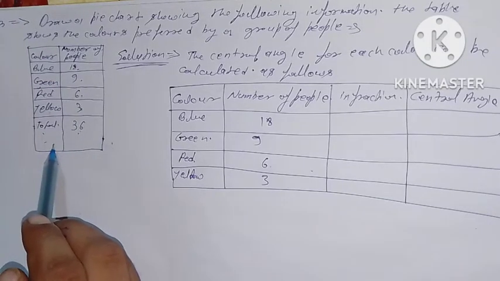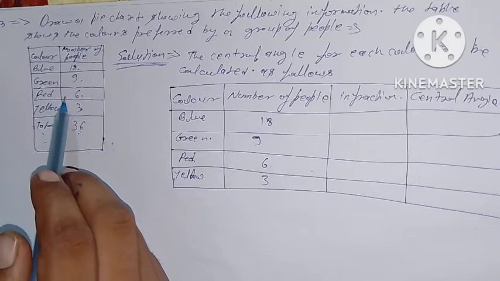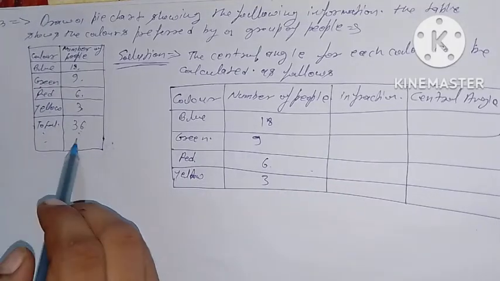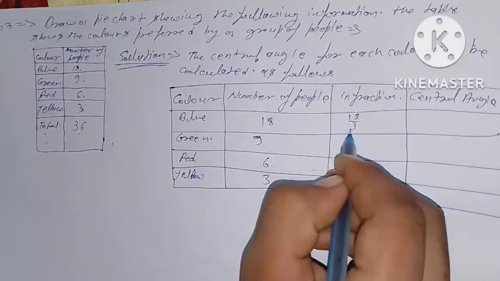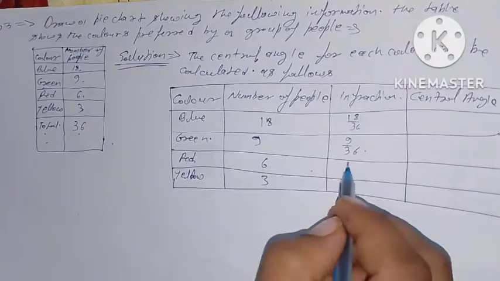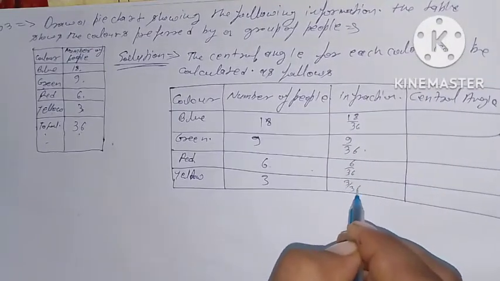So we divide the people of each color by 36, because in converting to fraction the total number is 36. 18 upon 36, 9 upon 36, 6 upon 36, and 3 upon 36.